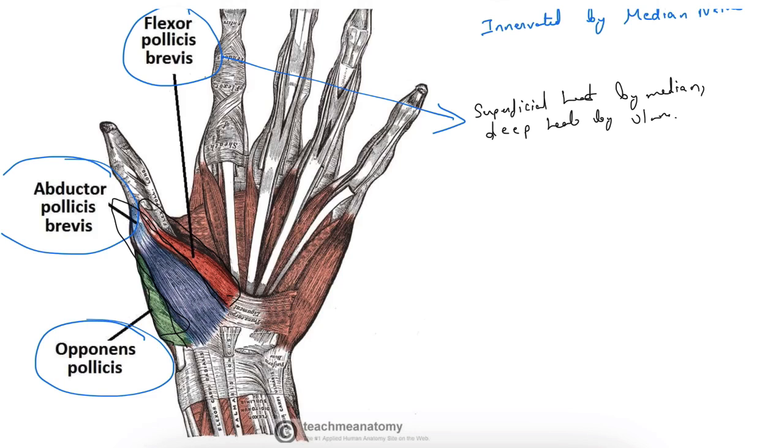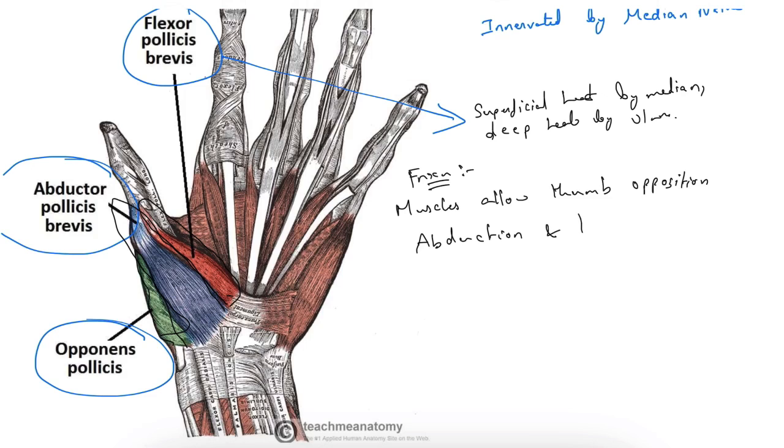In terms of function, what do these muscles do? These muscles allow thumb opposition, abduction, and flexion.